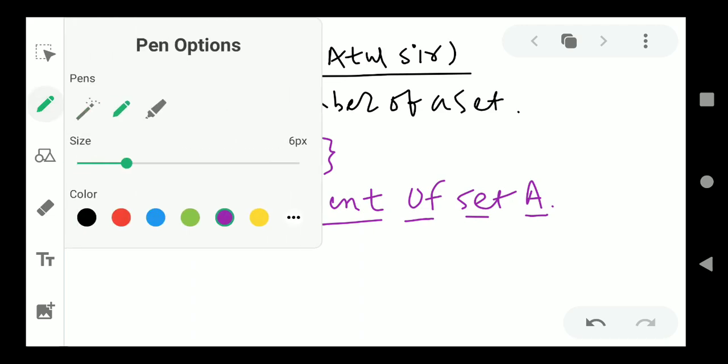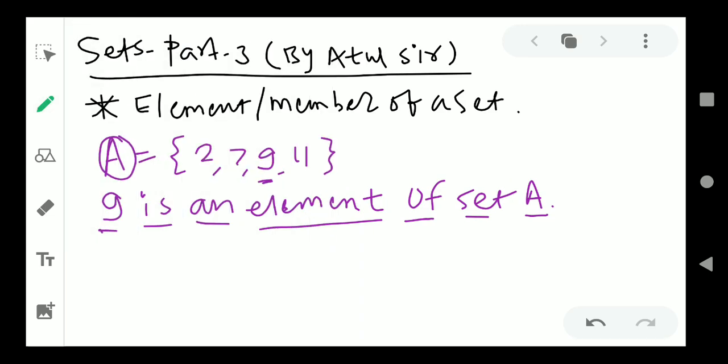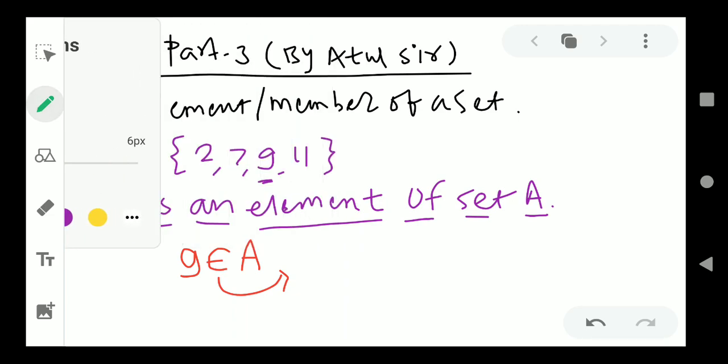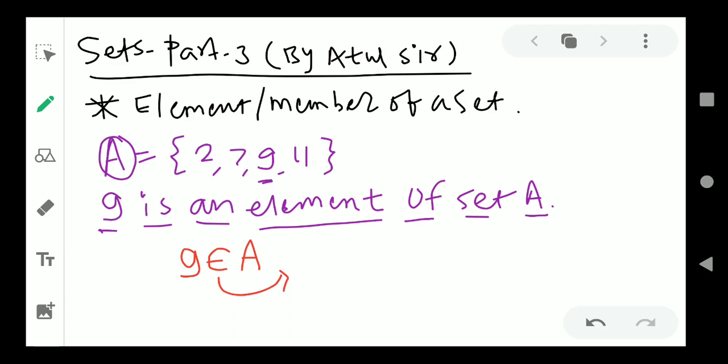In short, it can be written as 9 is an element of set A. Look here, 9 is an element of set A. This sign that you can see here is used to denote whether the given element is a part of the given set or not.